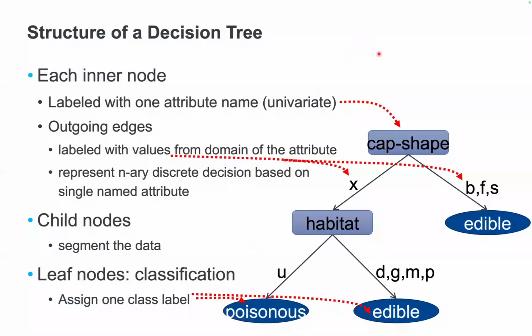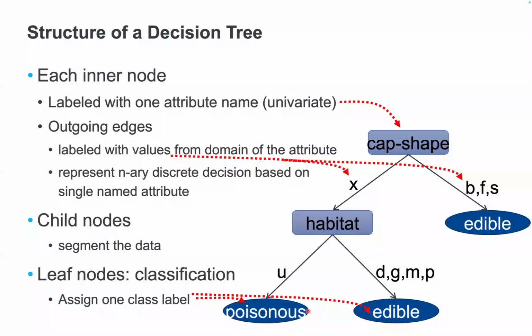And when I initially have an object I want to classify, I come from the root node, I look at the attribute, I look up what attribute value the object has, and then I go along the corresponding value to the next node, and I repeat this iteratively until I end up at some leaf node, and there I read out the class label to know how the object is supposed to be classified.